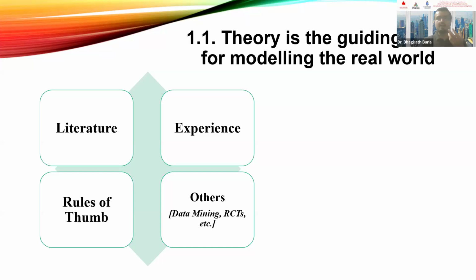So theory is the heart of everything. You should have a framework in your mind of how things work, and then you go on the ground and start collecting primary or secondary data and start creating variables and do all the modeling and quantitative stuff later on. So how does theory come? Theory comes from literature. If you extensively study literature, spend time on literature, you will get theory.